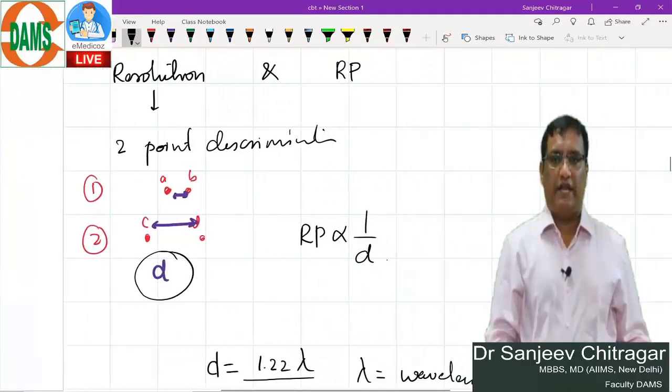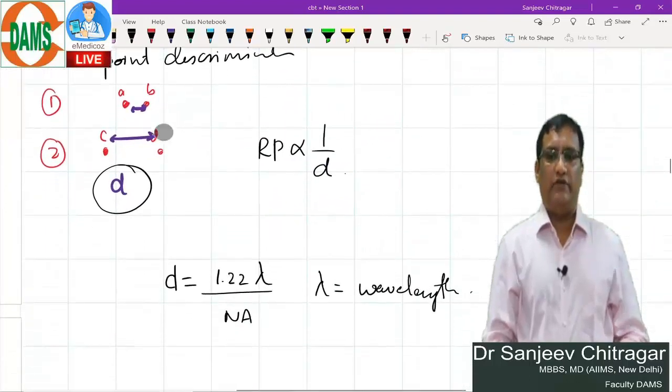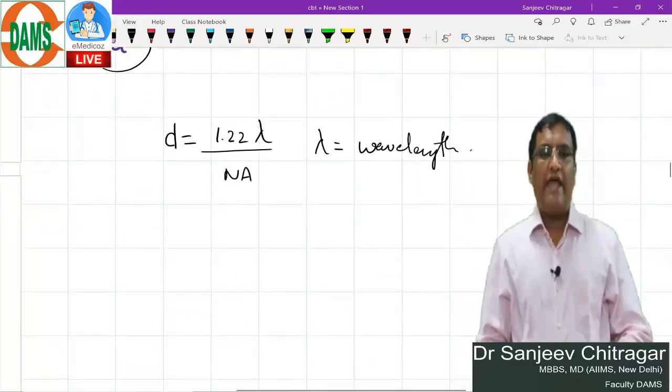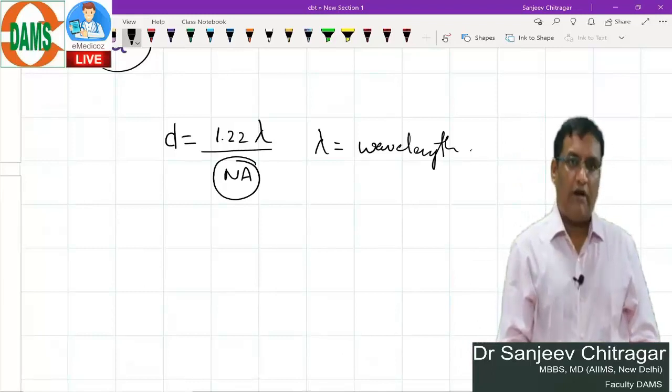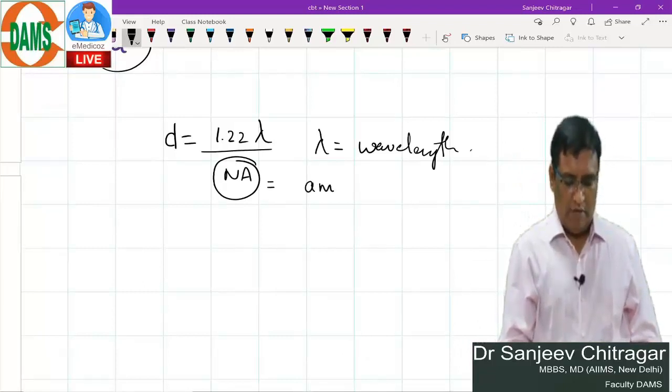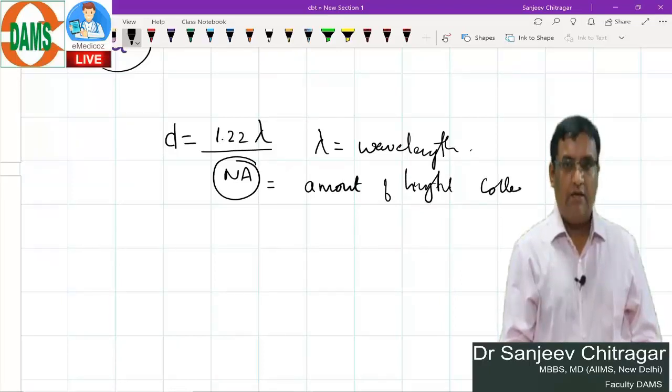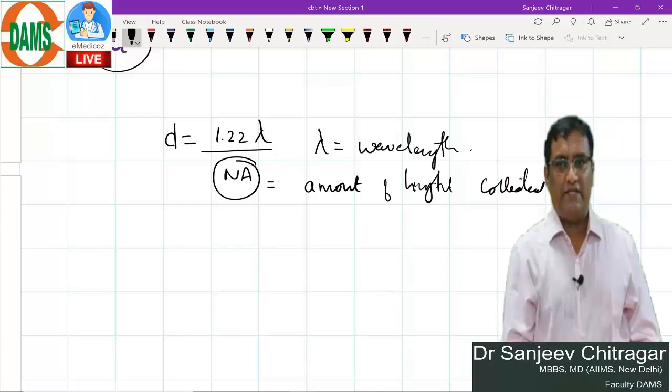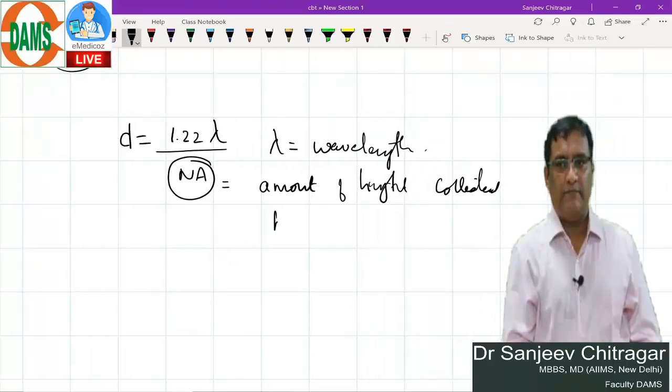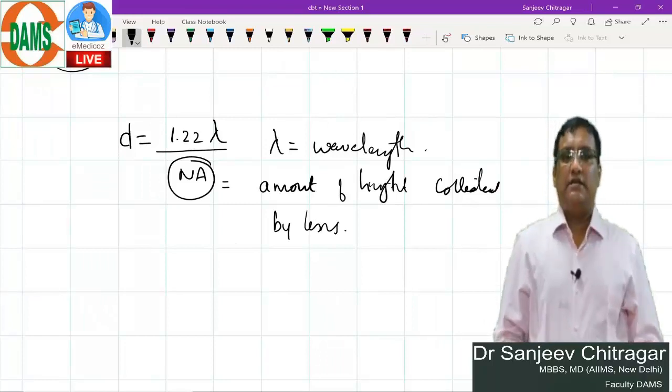Let us look at other things now. What is this NA we say? Numerical aperture. Numerical aperture roughly corresponds to the amount of light, basically the amount of light collected by the lens. Your microscope is a lens system, and the more light it collects, the better your resolution will be.